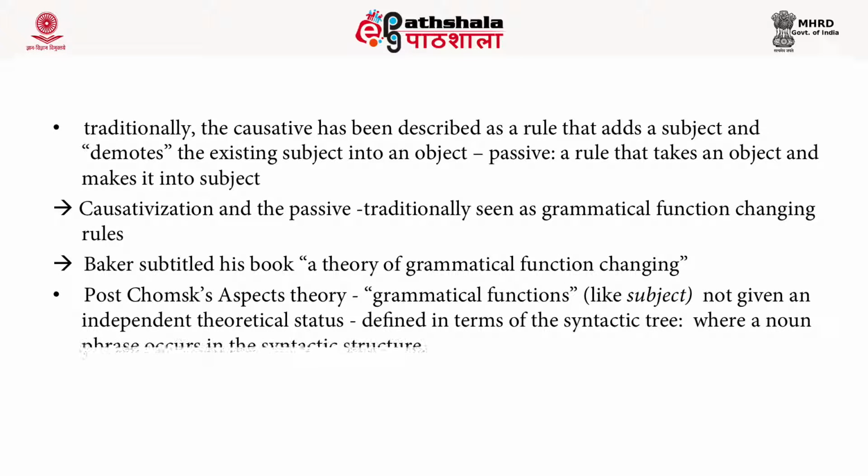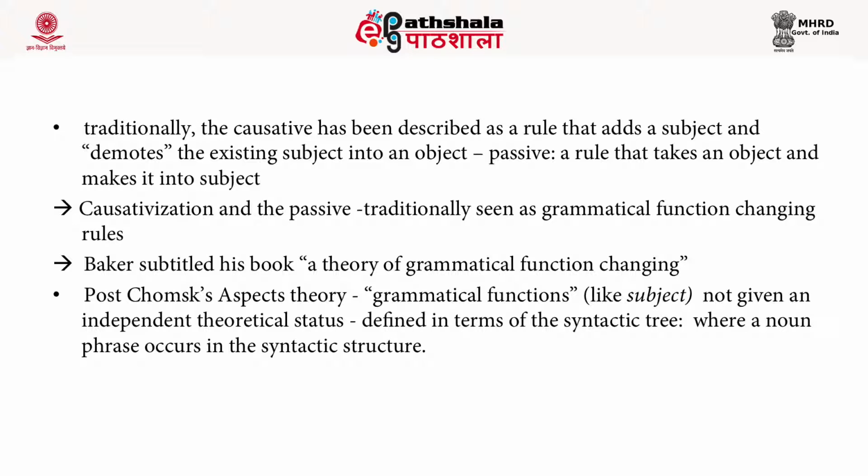And a passive has been described traditionally as a rule that takes an object and makes it a subject. Thus, causativization and passives traditionally are seen as grammatical function changing rules. Baker subtitled his book as A Theory of Grammatical Function Changing. Post Chomsky's Aspects theory, grammatical functions like subject or object, they were not given any independent theoretical claim.